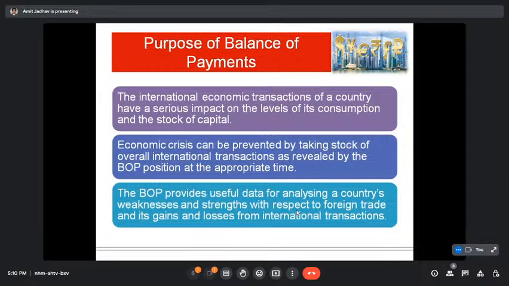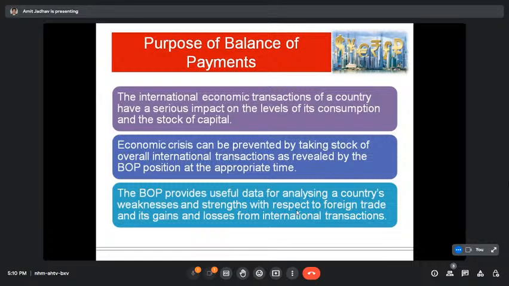Next, the BOP or balance of payment provides useful data for analyzing the country's weaknesses and strengths with respect to foreign trade, and its gain and loss from international transactions.